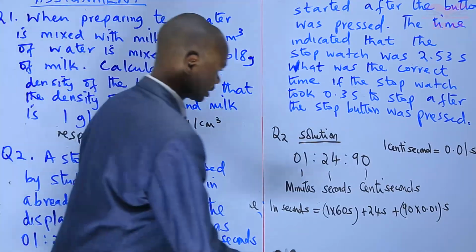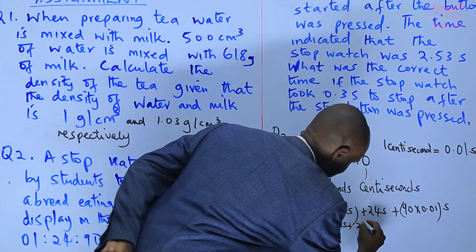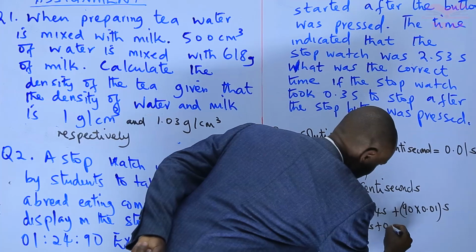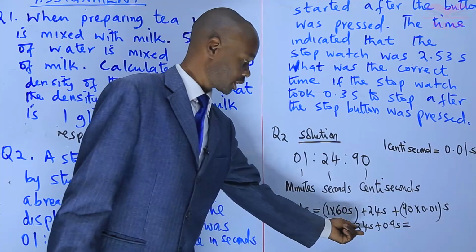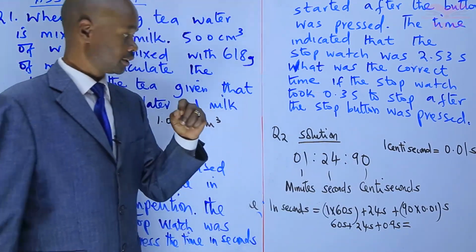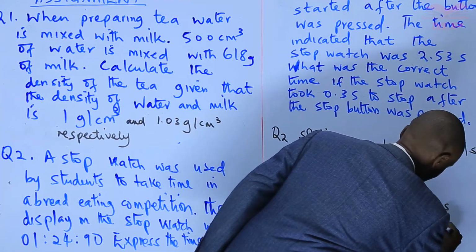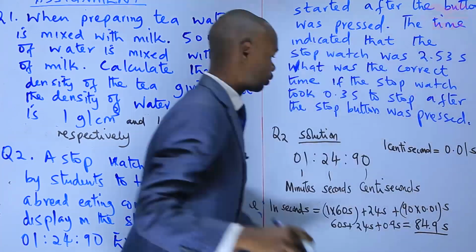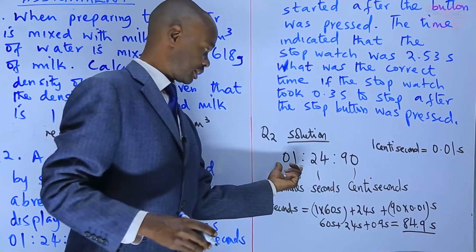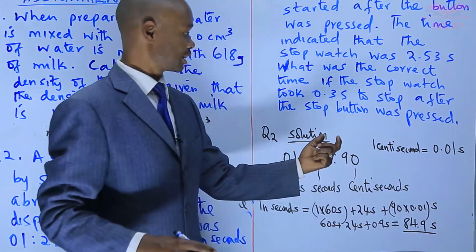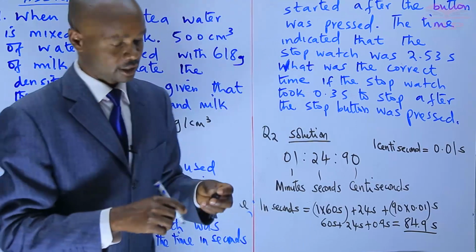It will be 60 seconds plus 24 seconds plus 0.9 seconds. The sum of 60 plus 24 is 84 seconds, plus 0.9 gives me 84.9 seconds. So on a stopwatch, these are the minutes, these are the seconds, and these are the centiseconds. A centisecond is 100th of a second.